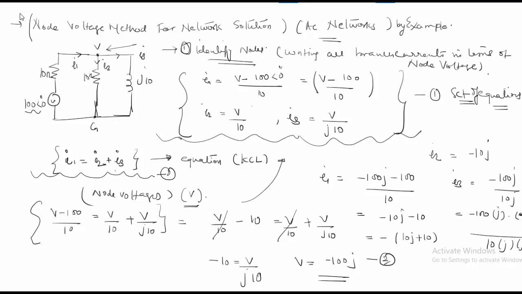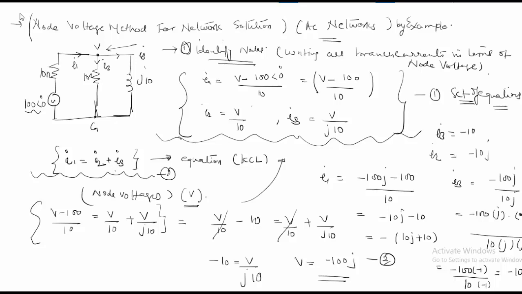Dividing and multiplying both by j, I get here minus 100 into minus 1 and here 10 into minus 1. So my I3 is equal to minus 10 in this case.